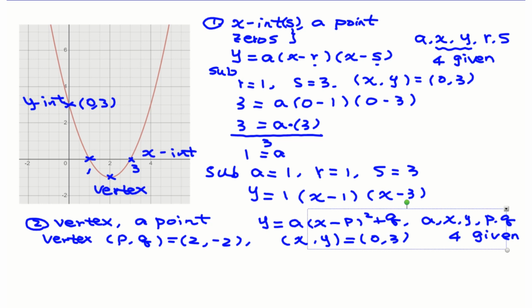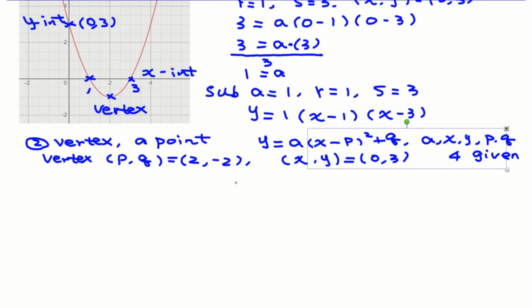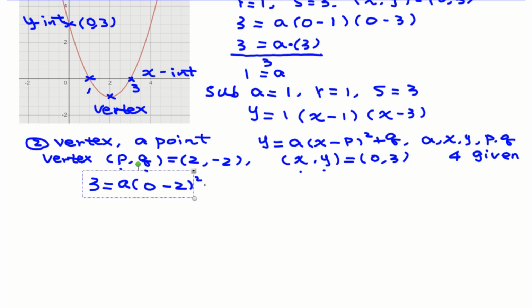We are going to see p, q, x, y, so 4 given. Then we sub in: 3 equals a times (x is 0, minus p is 2) squared, plus q. Okay, this is not (2, negative 2), it's (2, negative 1).